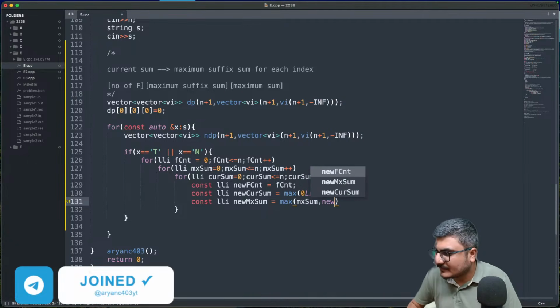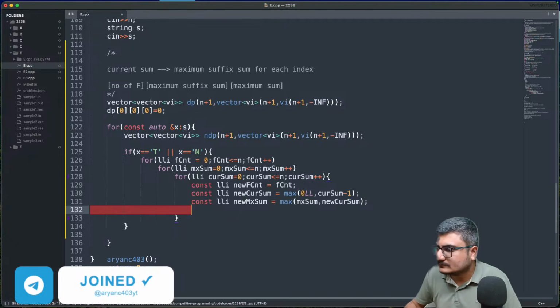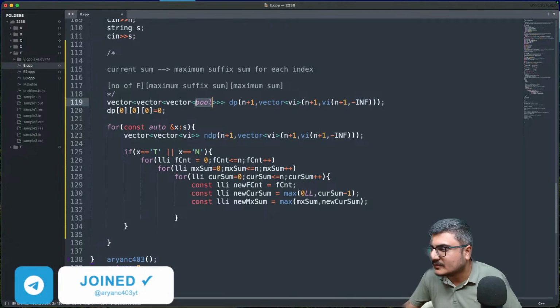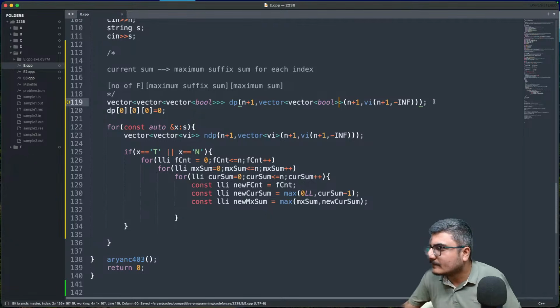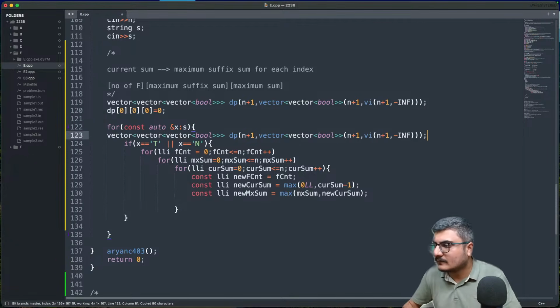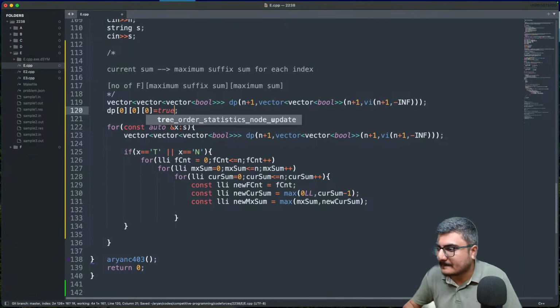Maximum comma new correction. Let's just make it a boolean vector only, like what all states are possible. We don't need an integer yet. We are maintaining which states are possible.